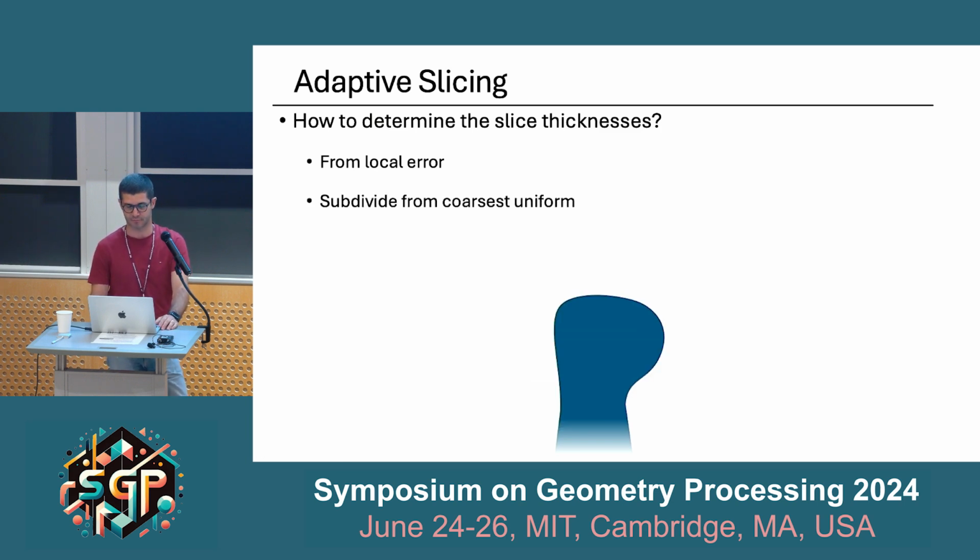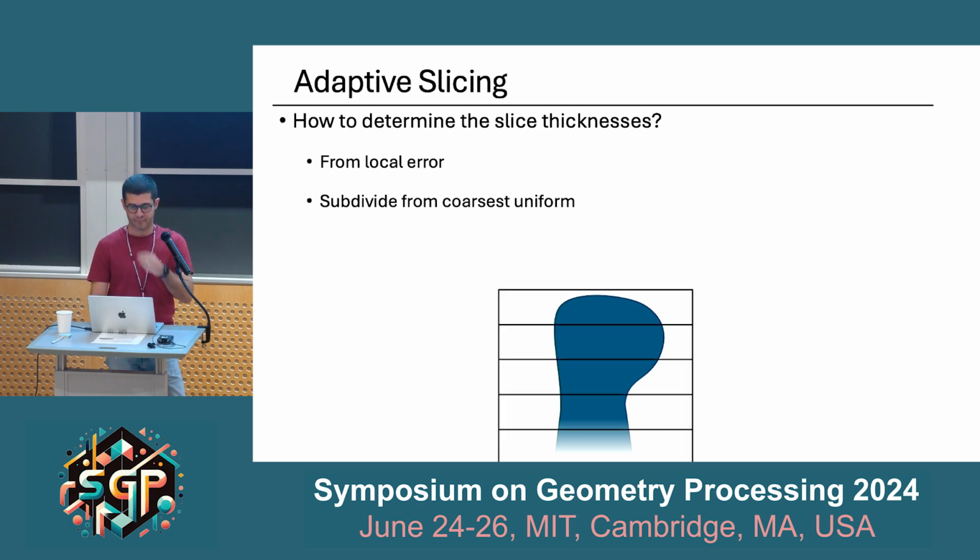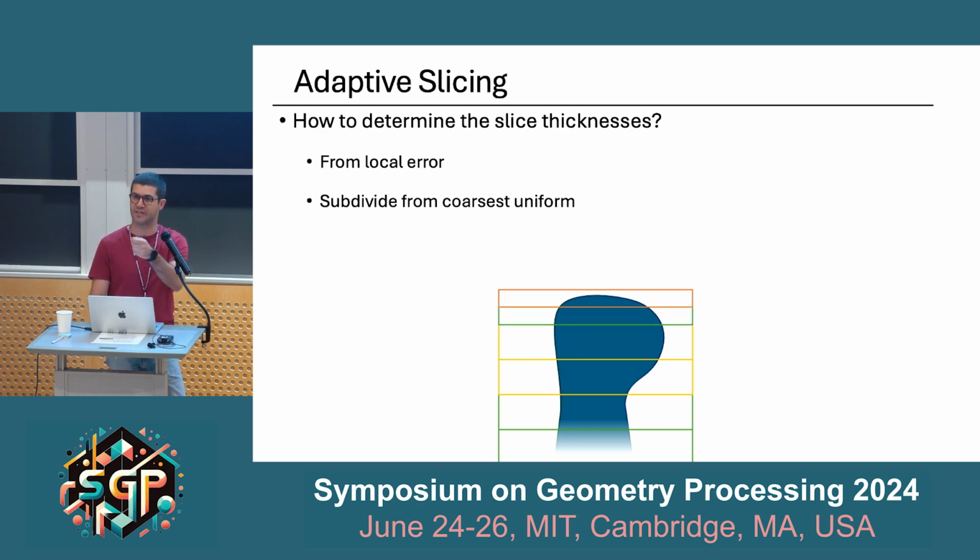So that's one option. Another option is to start coarse and then refine in the regions which are more critical. So we start with very thick layers, thicker than the layers that we will have in the final result. And for every single layer, we take a look at the geometry that is trapped in between two planes, and depending on the orientation of the surface in that portion of geometry, we decide whether we want to add another layer or not.